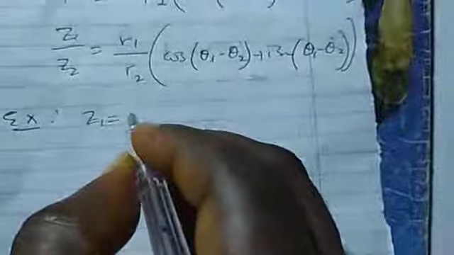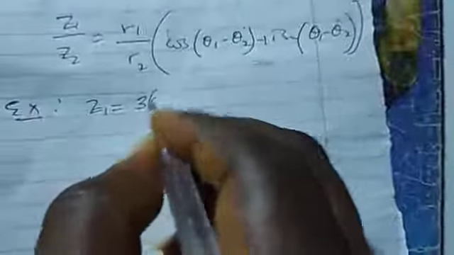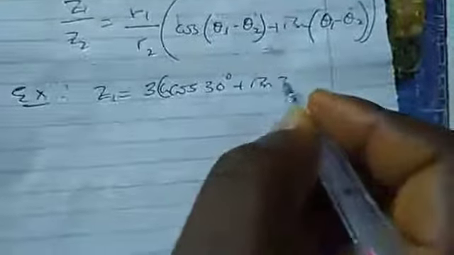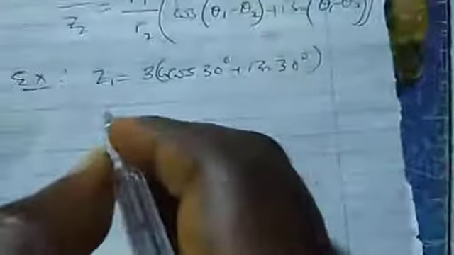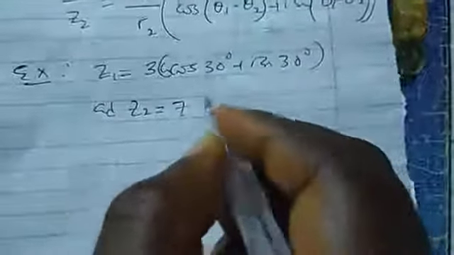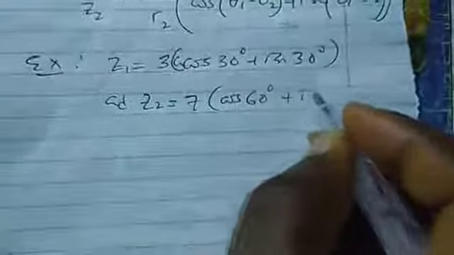So let's now assume that we want to evaluate this. Let's assume that our Z1 is 3 into cos 30 plus i sine 30, and let's say Z2 is 7 into cos 60 plus i sine 60.